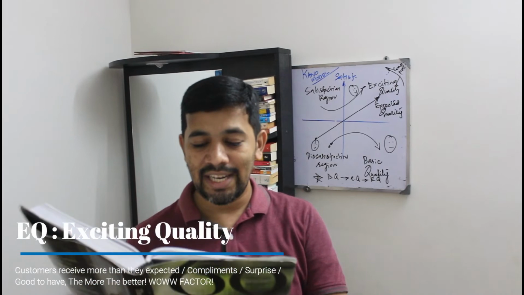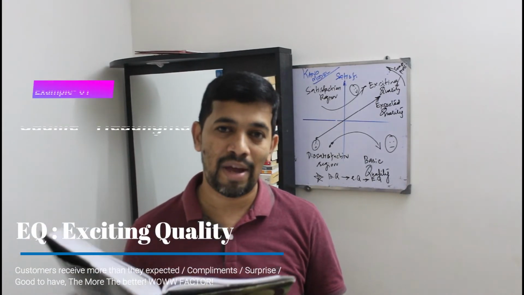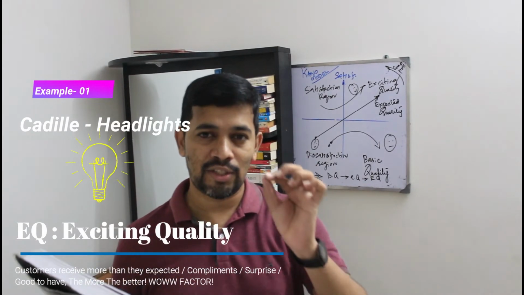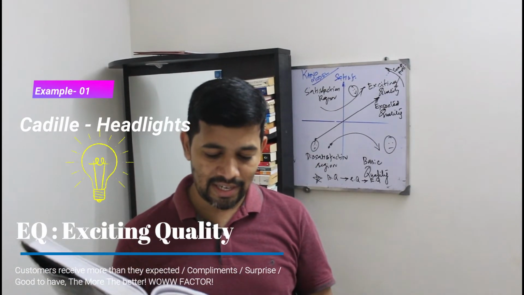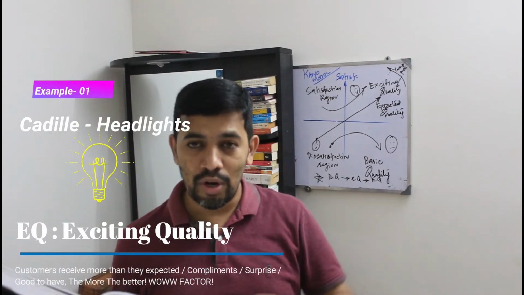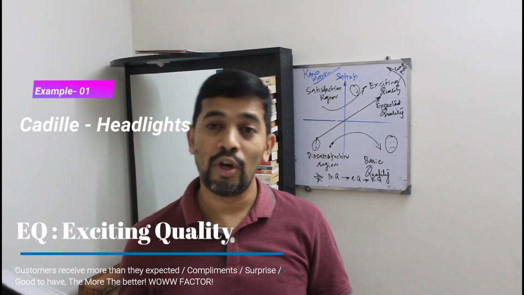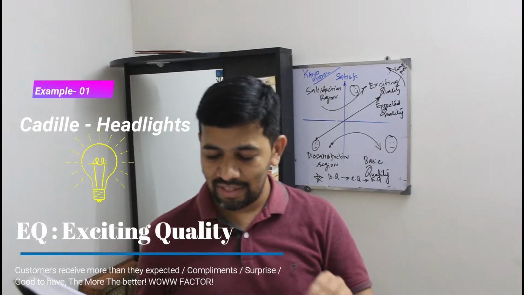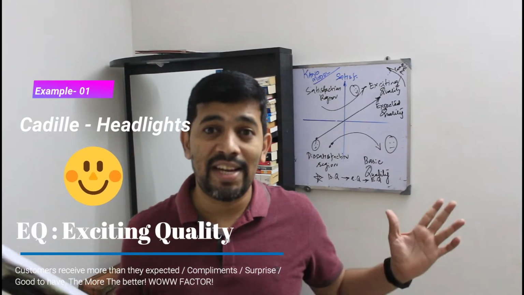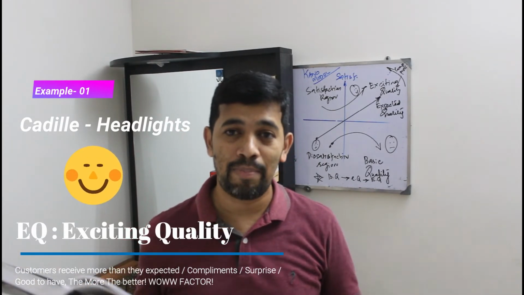It says that Cadillac, the car manufacturer, brought a new thing called headlights that stay on long enough for the owner to walk safely to the door, right? And when it was introduced for the first time, the feature was exciting the customers, exciting the people, right?